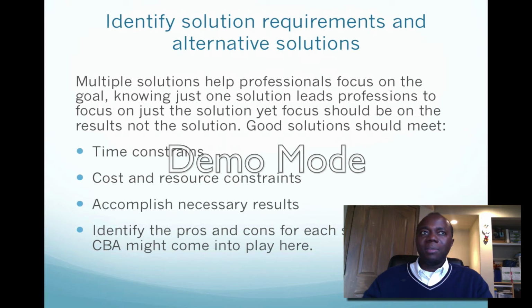Your cost-benefit analysis again might become very helpful here. So, very important. Make sure your cost-benefit analysis is playing into your pros and cons of each of your solutions.